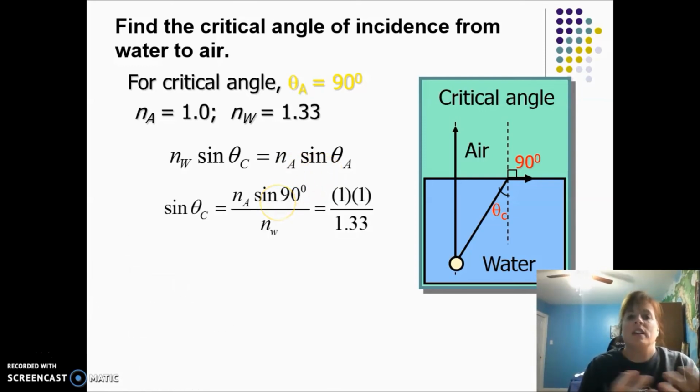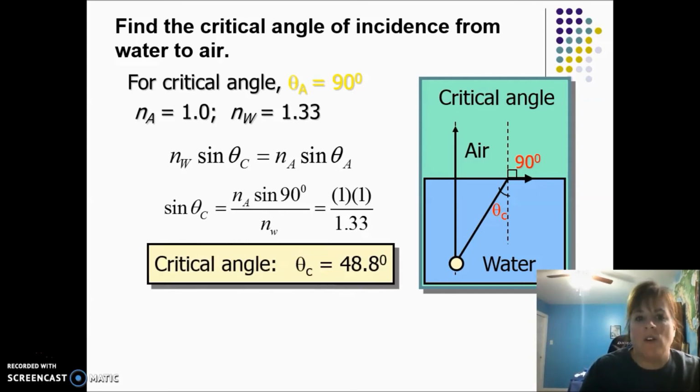If we rearrange, the refractive index of air is 1, sine of 90 is 1, divided by the refractive index of water, which is 1.33. I find that the critical angle for water with a refractive index of 1.33 is 48.8 degrees.